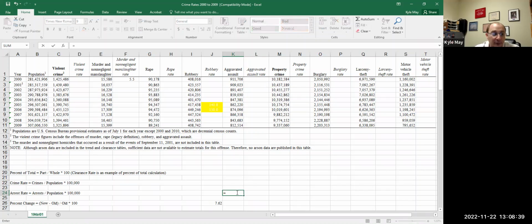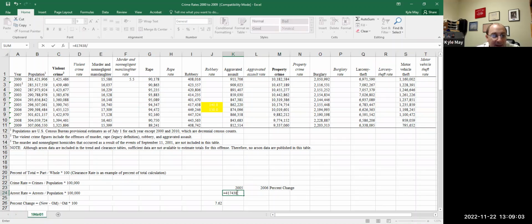What was our formula for crime rate? I'm just going to write here. In this box, I want 2005, and this one I'll do 2006, and this one I'll do percent change. So for 2005, my number of crimes for robbery was 417,438.